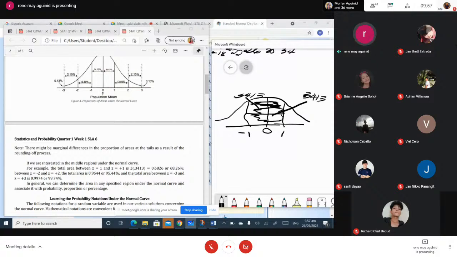Kasi process I-add ni mahimuan. Okay, add lang. So you will have pila man? 0.6826 na? Ang area sa from -1 to +1.